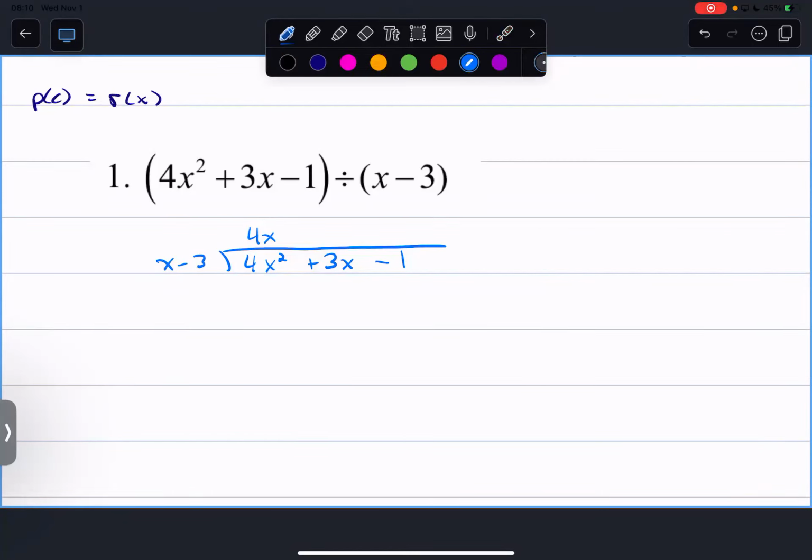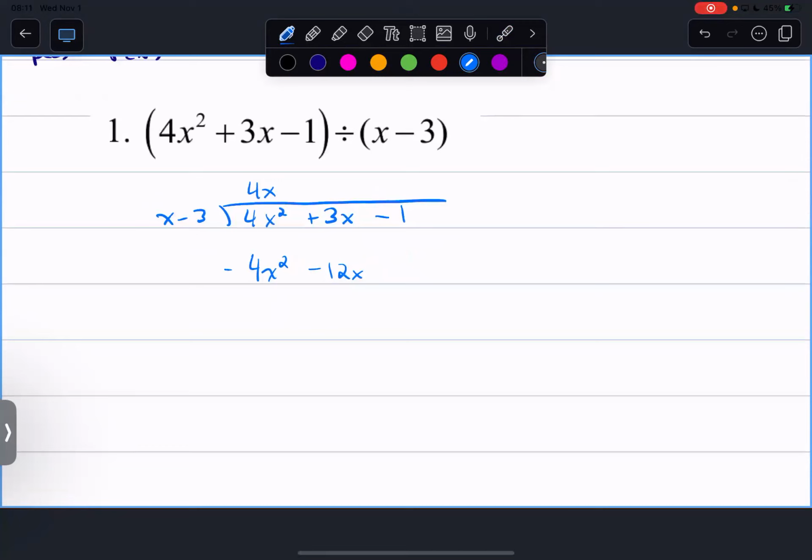So now we take 4x times x minus 3, putting us at 4x squared, which is a good start, because it's supposed to go away. 4x times negative 3 puts me at minus 12x, and then I have to subtract that from the top. Now I'm not writing the minus 1, but we can bring it down, and I do, just because it makes it look a little bit more focused.